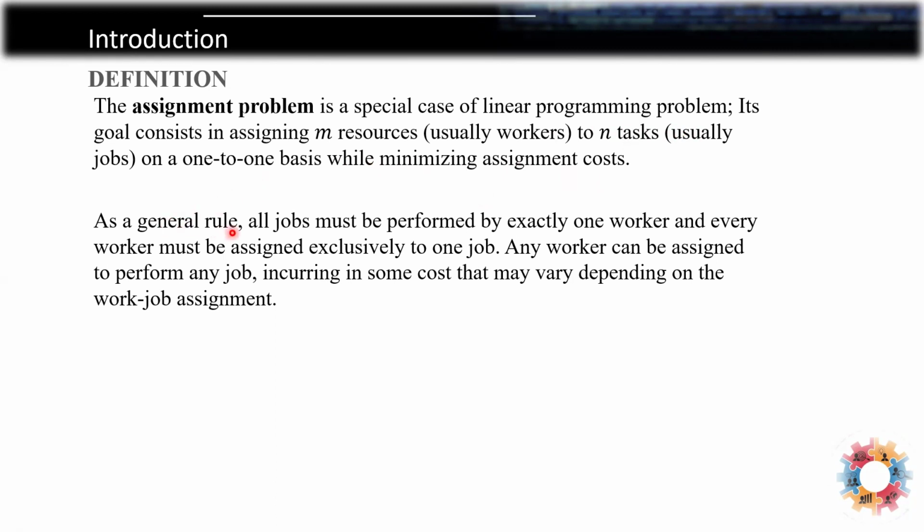As a general rule, all jobs must be performed by exactly one worker, and every worker must be assigned exclusively to one job. And any worker can be assigned to perform any job, and every time a worker is assigned to perform any job, of course, some costs are incurred, and this may vary depending on the work job assignment.